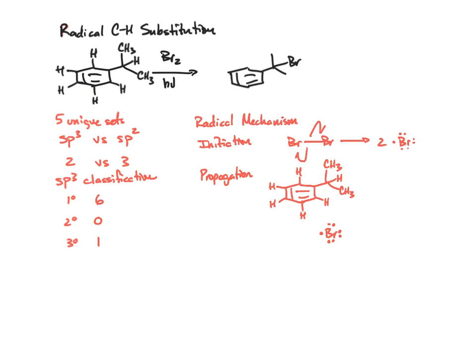We said that these bonds are much stronger, so they're harder to cleave. So we're only looking at the sp3. Then of that, the reason why it's going after the tertiary, when you cleave this bond, you form what type of radical? What classification of radical? The tertiary.